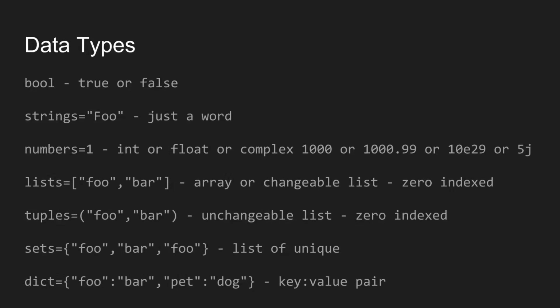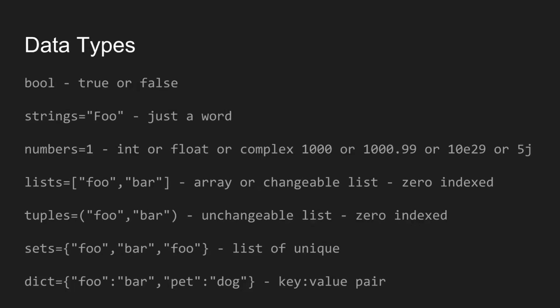A tuple is immutable. You can't delete the items within it. You can add to it, but those items are going to be there for as long as your program is running. In a list, you can actually remove items, edit items, pop them off, or append to the list.